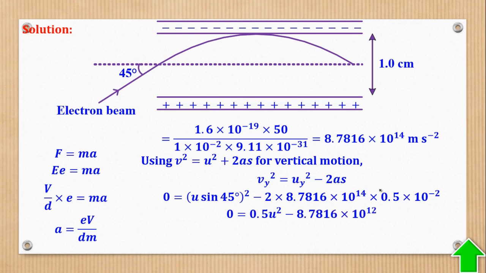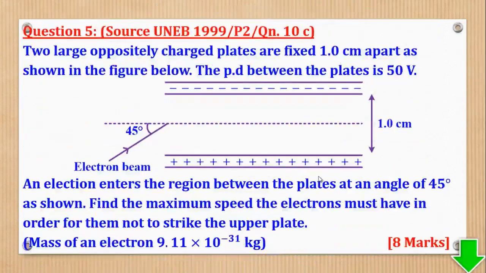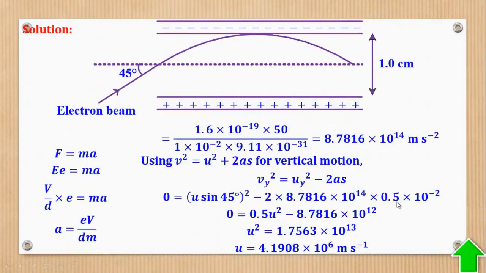Now here, the good thing, we have only one unknown, so we simplify and get that unknown, which will be this. If you look at the question, that is the speed they wanted. They only wanted speed, so we can't state the direction here because speed means magnitude.